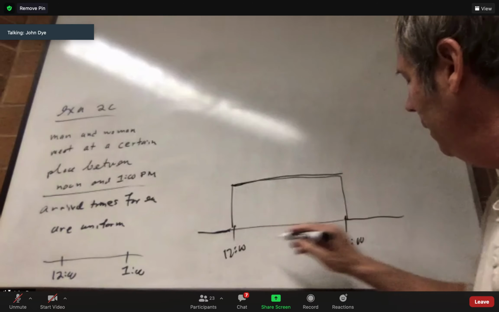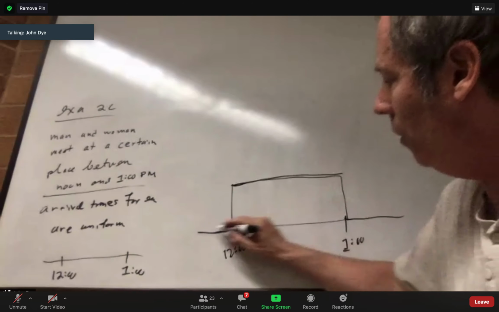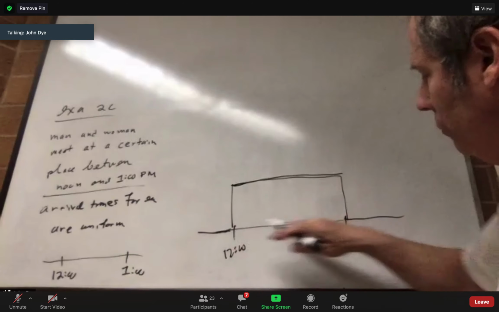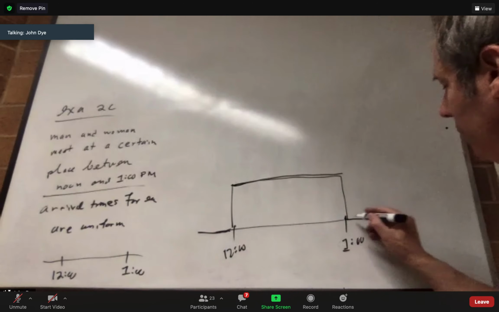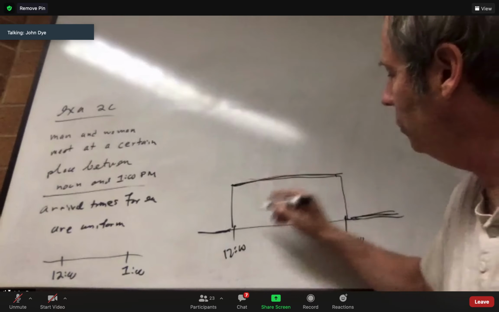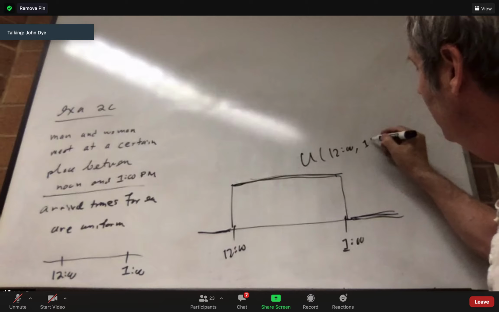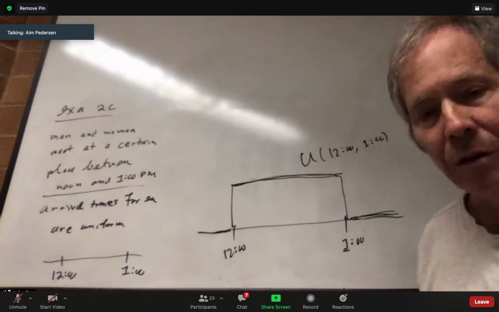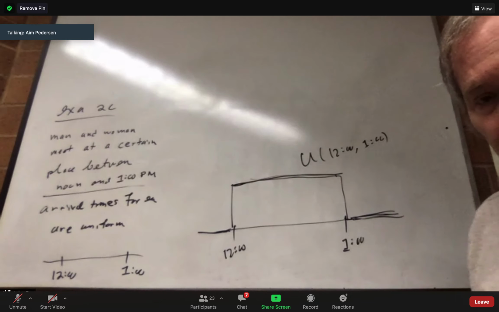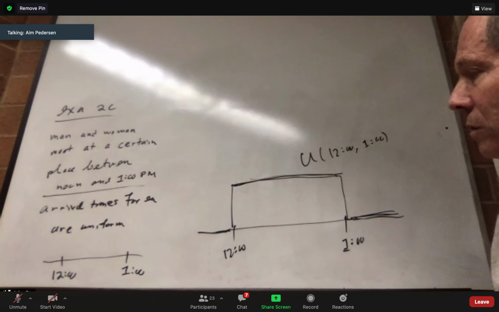Between here and here, it is 1, and off of this unit interval, it's 0. That's a uniform from 12 to 1. So the man is arriving sometime between 12 and 1, and it's random, it's uniform. And the woman is also arriving sometime between 12 and 1.